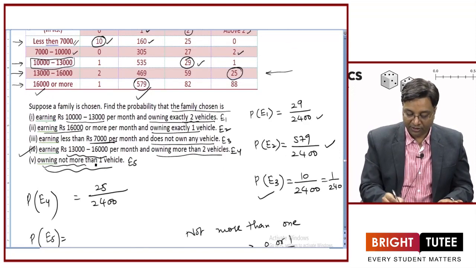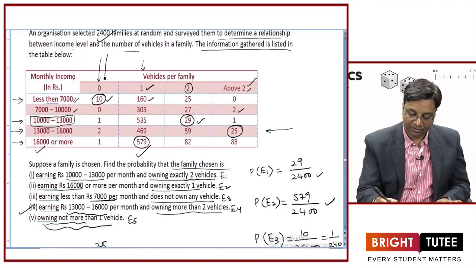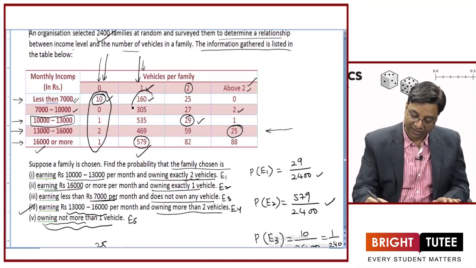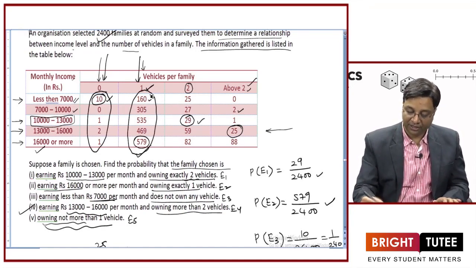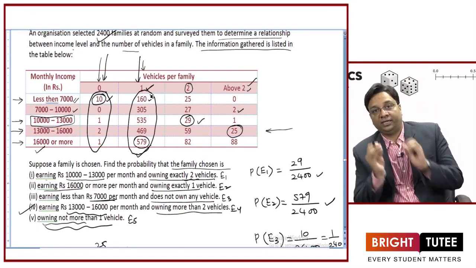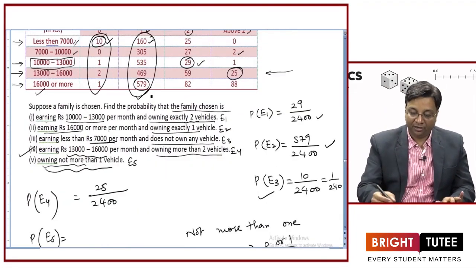So owning not more than 1 vehicle means this column and this column. The families that are in this column and the families that are in this column will be counted as the number of times the event happened. Okay, so we will have to add all these.